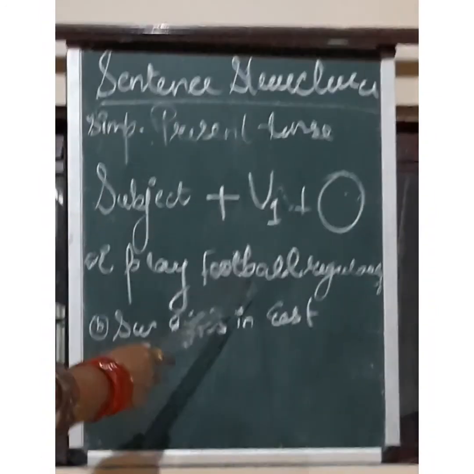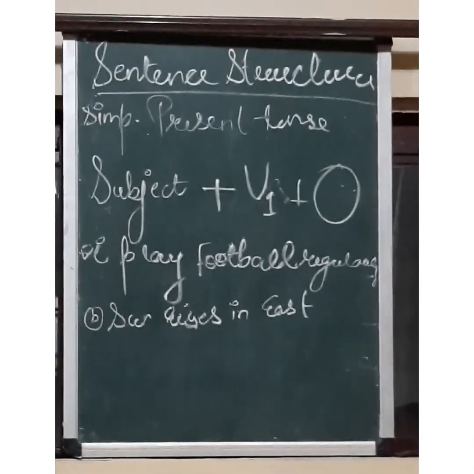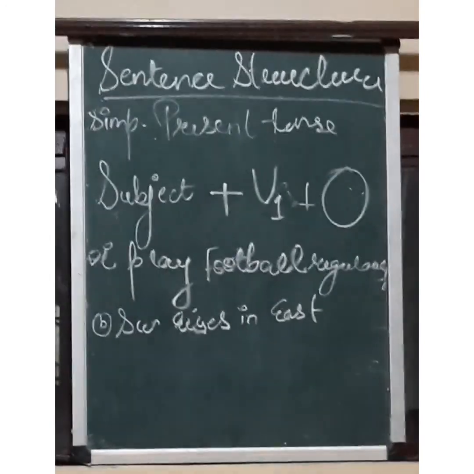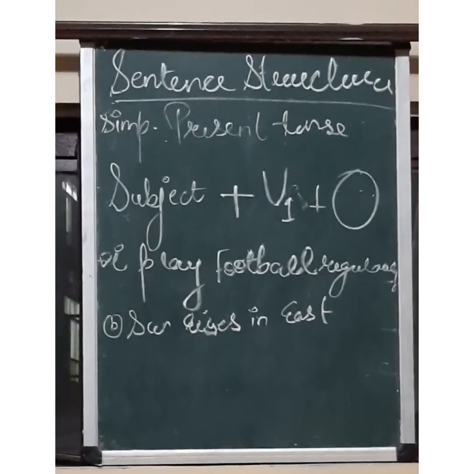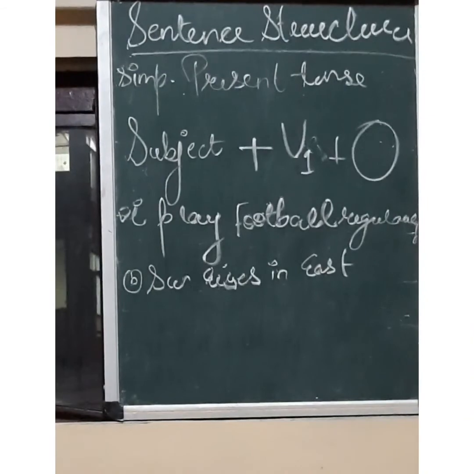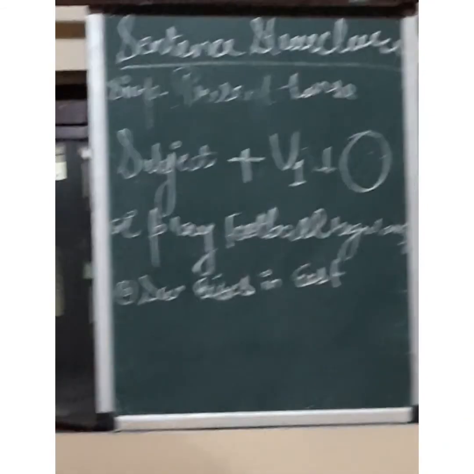I play football regularly. In this sentence, we can see that I am doing an activity of playing on regular basis from the past till now and will continue doing it. And there is another example that is of fact, that is sun rises in east.